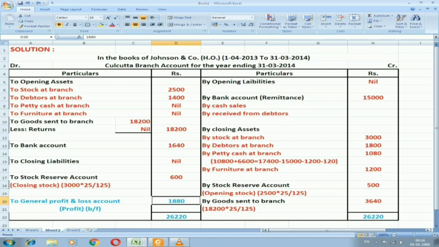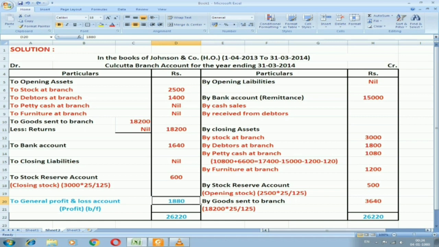So for closing stock, while we are doing reserve account and also goods sent to branch account, we need to see the profit margin they have given, whether it is profit on cost or profit on sales. If it is profit on cost, we need to do the percentage divided by 100 plus the profit percentage they have given, that we are supposed to add, like 3000 into 25 divided by 125.